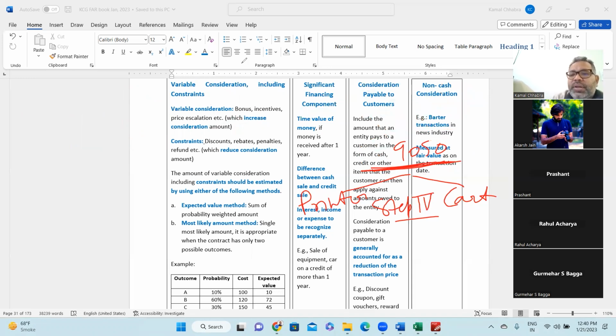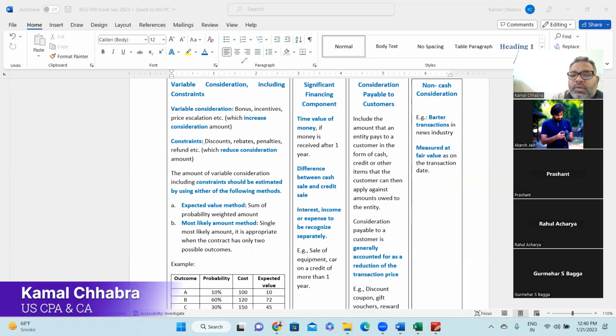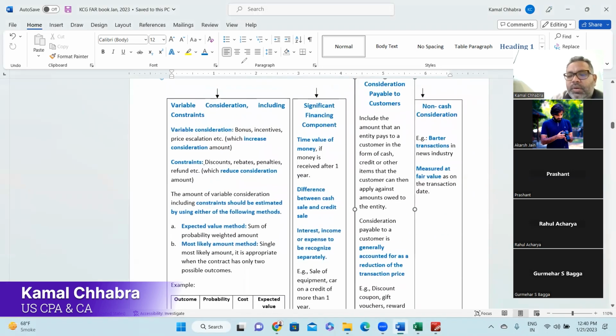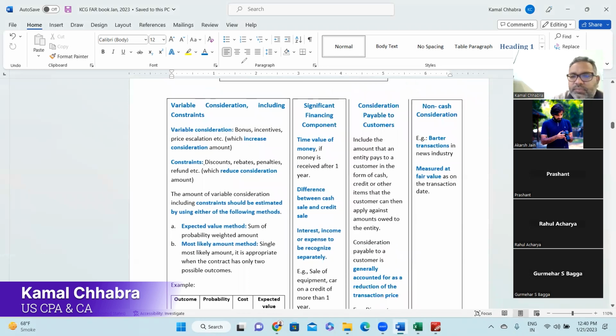Then consideration paid and payable to the customer in future will also reduce it. So far we understood what is variable consideration, the constraint on variable consideration, the significant financing component and its impact, and then consideration paid and payable to the customer.